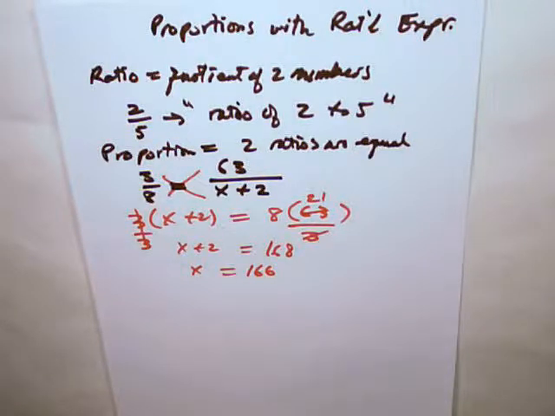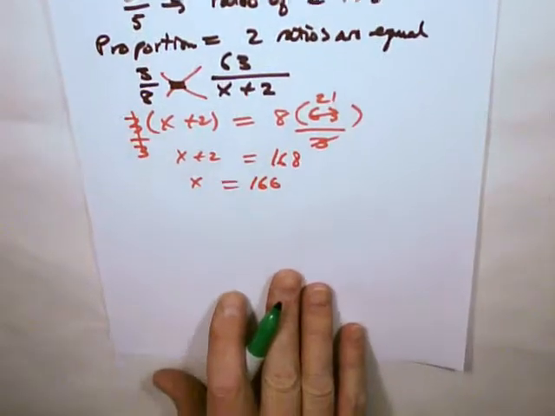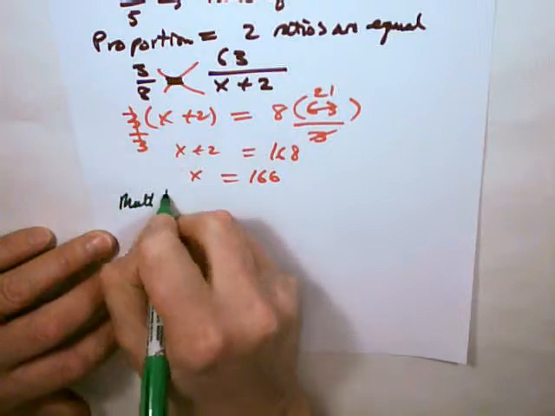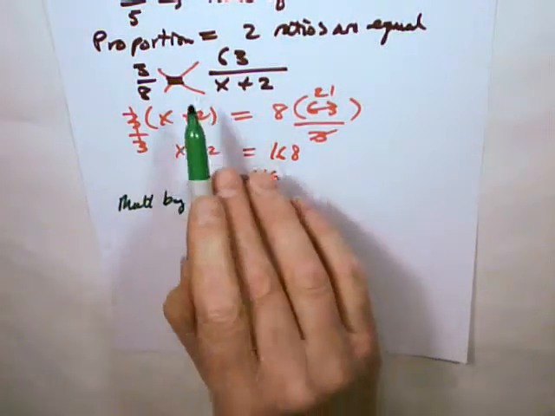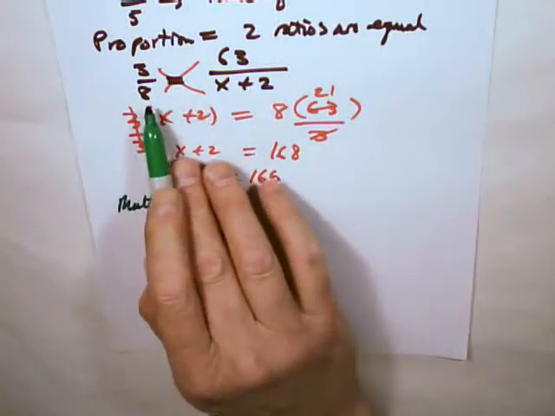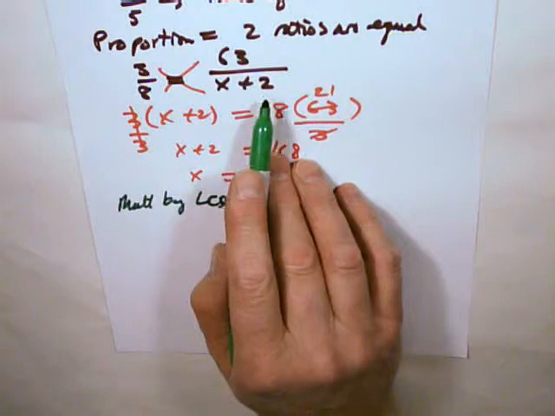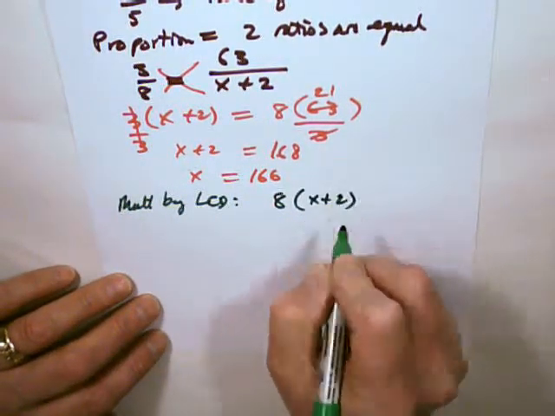But we also can use the multiply by the LCD method that we've been using for other examples. Here, let's do the multiply by LCD method. Now the LCD, if I look at this proportion, I have 8 and x plus 2 as the two denominators. Well, that's going to be the LCD also, 8 times x plus 2.